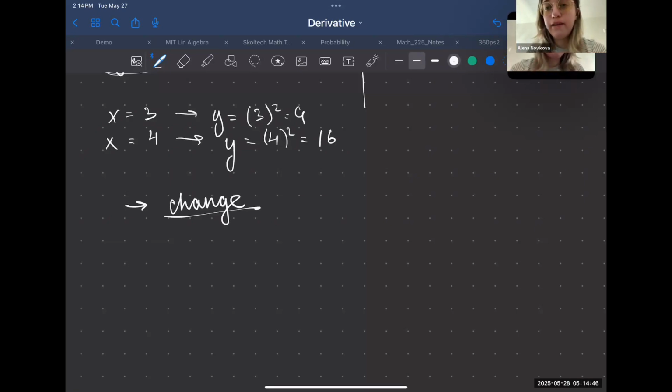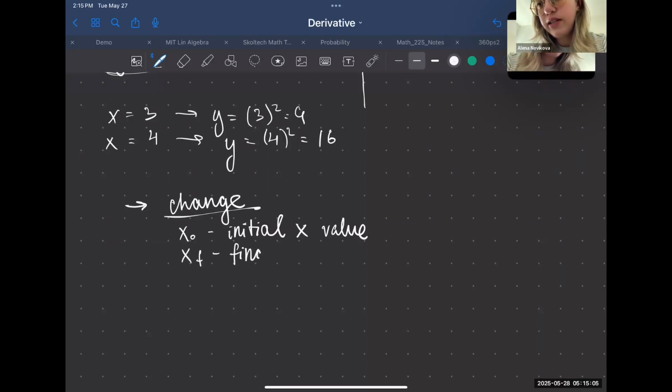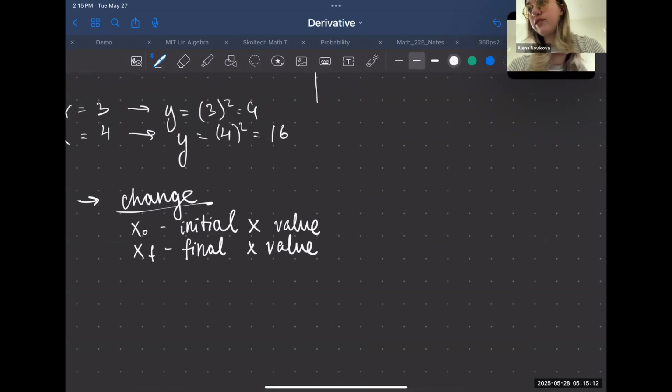So now, let's say our x naught is the initial x value, and then I'll say xf is the final x value, and similarly y naught will be initial, and yf will be final.